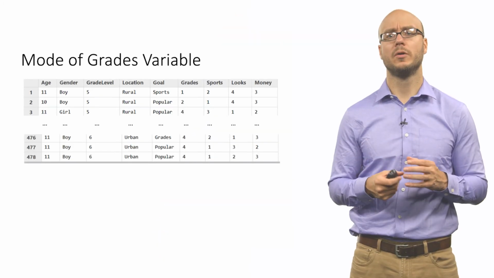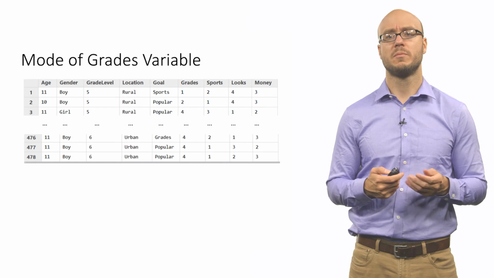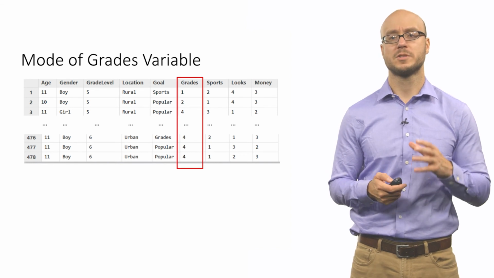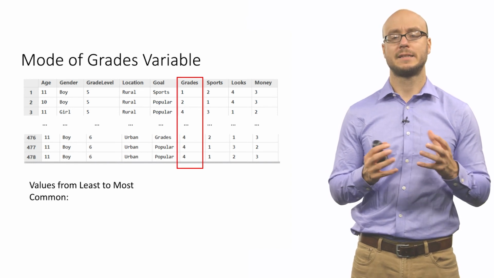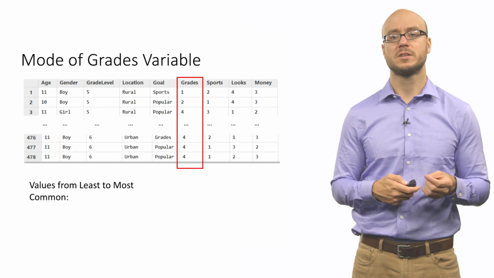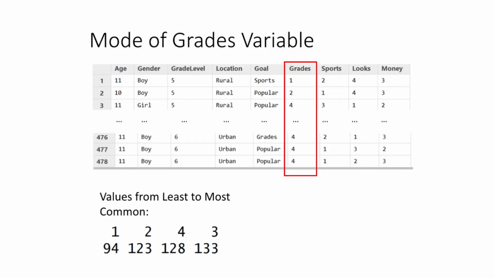Well, let's look at the mode of some of these variables. For the mode of the grades variable, we're just going to create a little table of our values from least to most common. In this table, the first row is simply the unique values of the grades variable. Students were asked to rank these 4 different attributes: grades, sports, looks, and money.